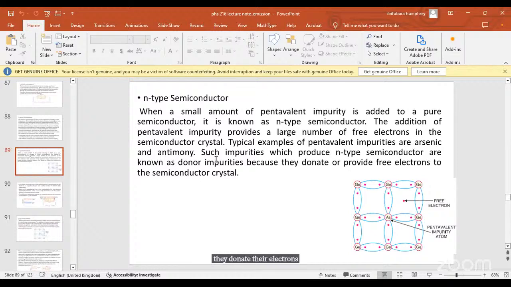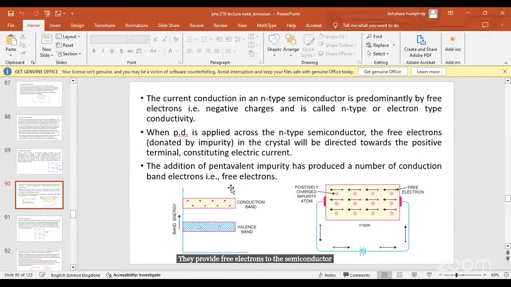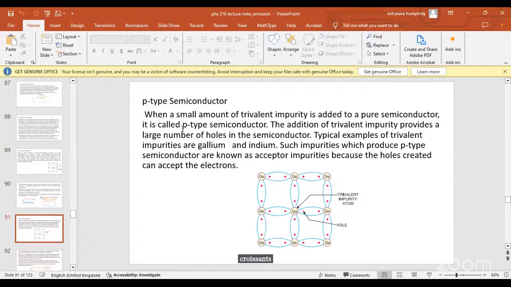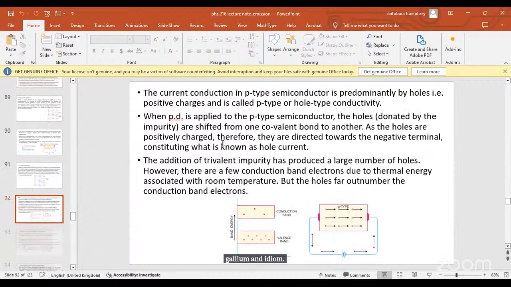They provide their free electrons to the semiconductor crystals. But for P-type, the impurities are referred to as acceptor impurities because the holes created can accept the electrons. Note that examples of trivalent impurities are gallium and indium.